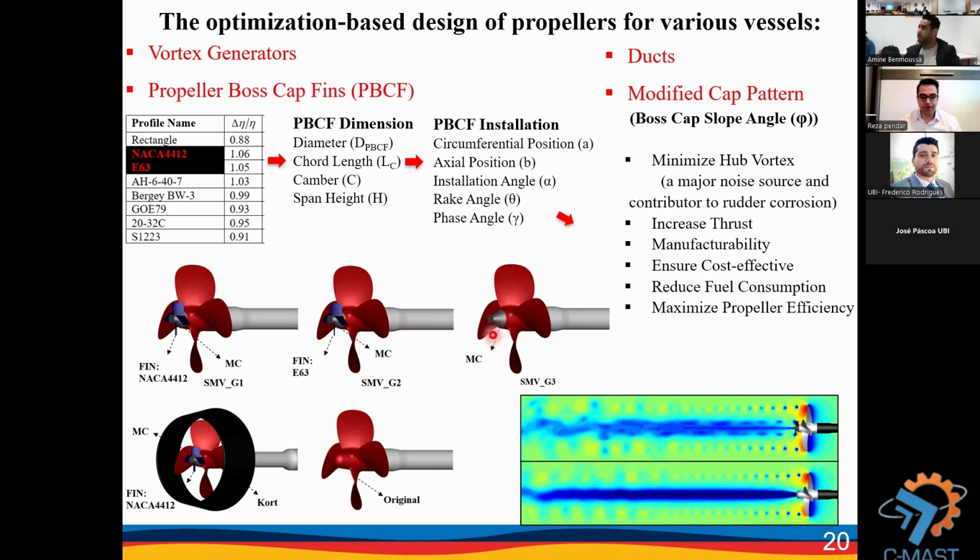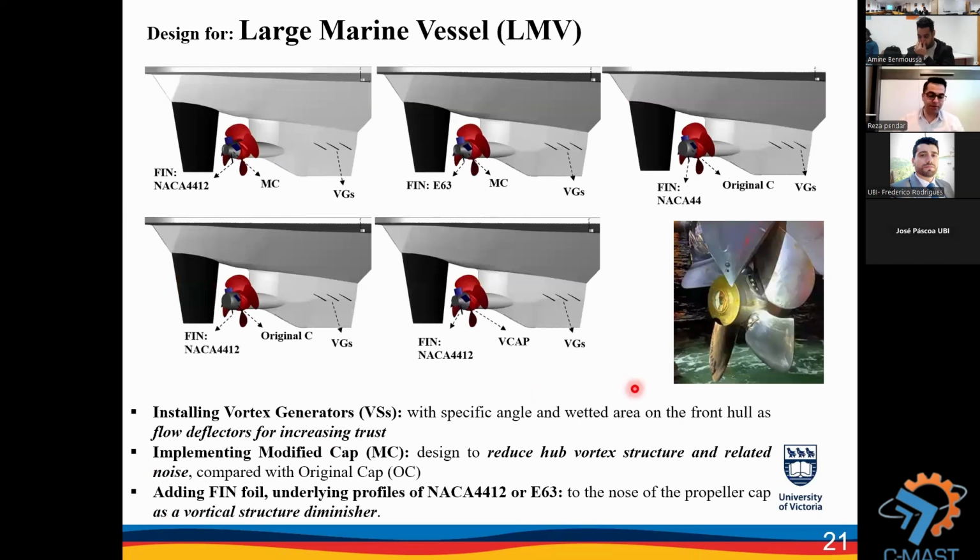Here you can see it's very important for decreasing the hub vortex as one of the main noise sources. We use this to show the flexibility of this component.